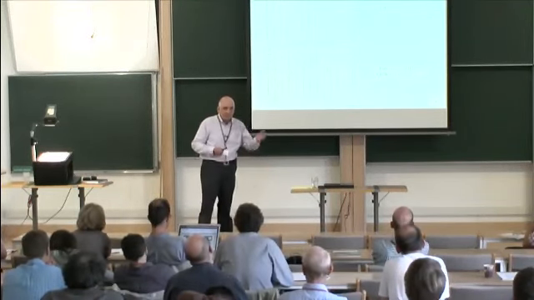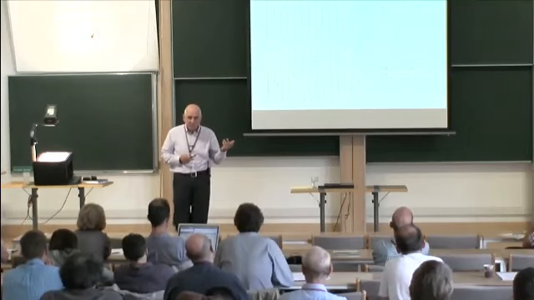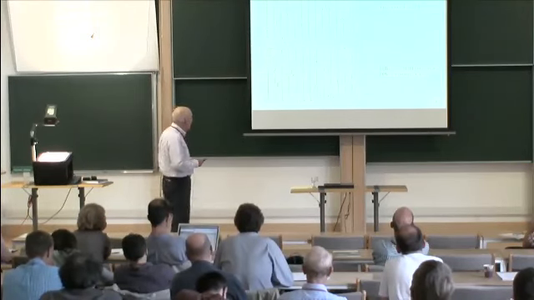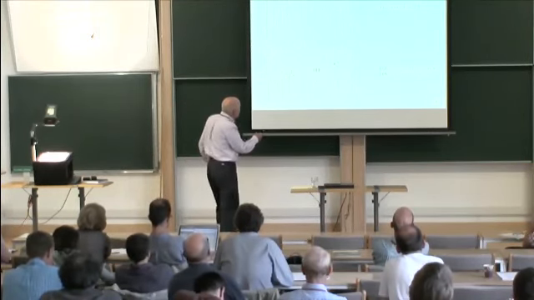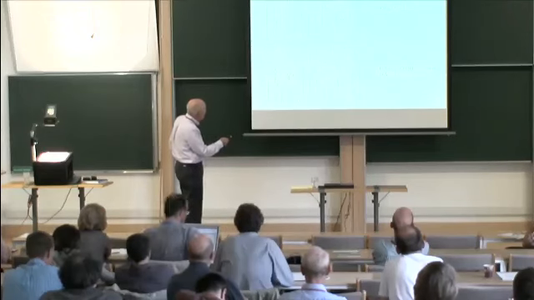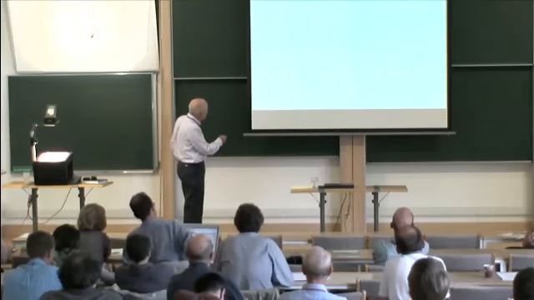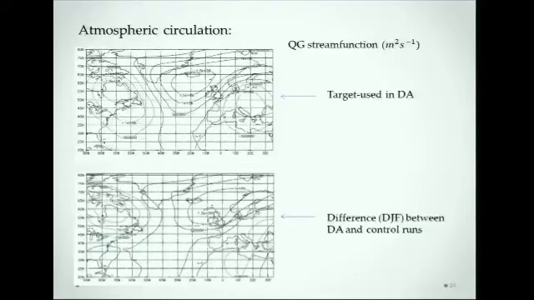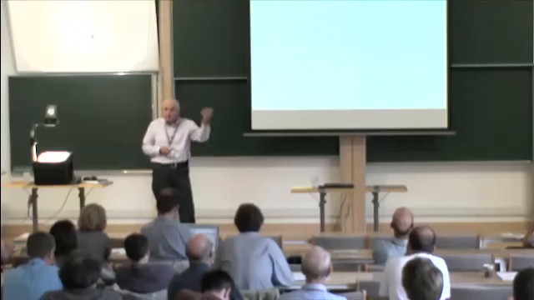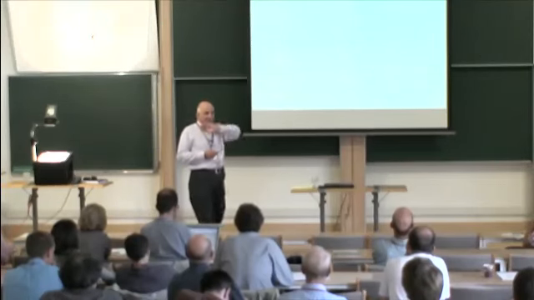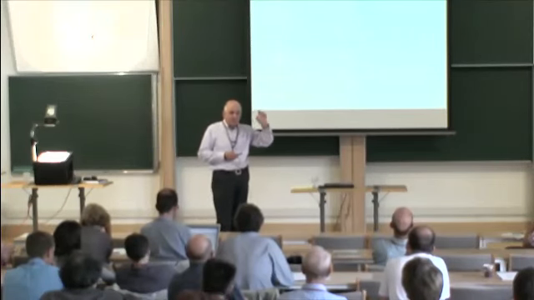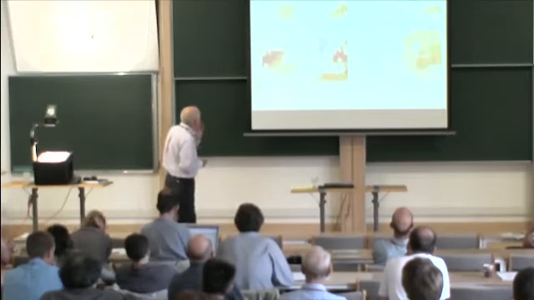This is with data assimilation, and this is the difference between the stream function plotted by its contours here. And you see that you reproduce this high, although it's shifted a bit, and you reproduce this low, as seen in those differences. So that's sort of encouraging: when you do the data assimilation, you do reproduce the hypothetical situation of the ocean-atmosphere anomaly.